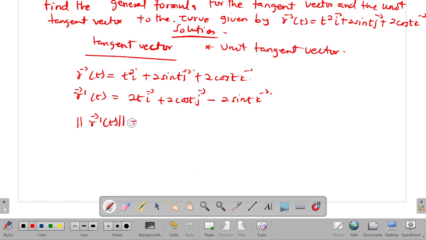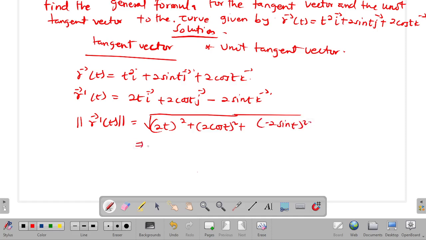So I'm going to have the square root of 2t squared plus 2 cos t squared plus negative 2 sin t squared. So this gives the square root of 4t squared plus 4 cosine squared t plus 4 sine squared t.